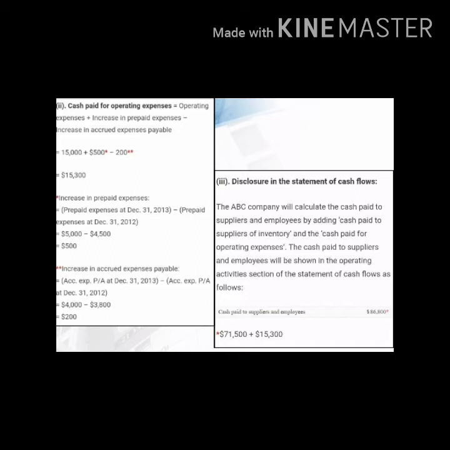So the cash paid to suppliers of inventory, which has $71,500, plus the cash paid for operating expenses, which has $15,300, is equal to $86,800, which is the sum of the cash paid to suppliers and employees.